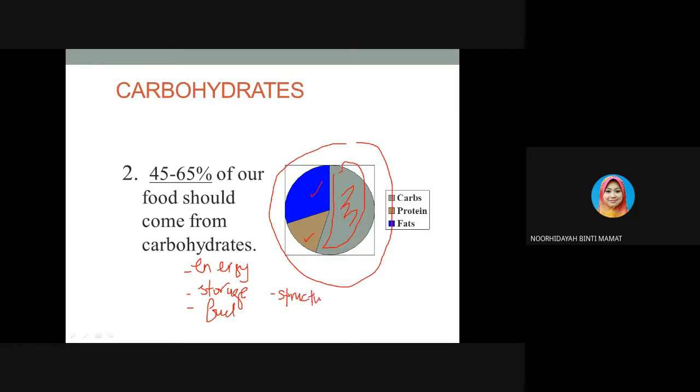So this is why our intake is about 45 to 65% compared to the protein and also fats.